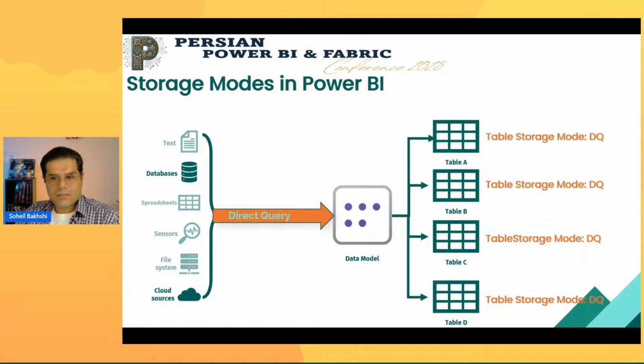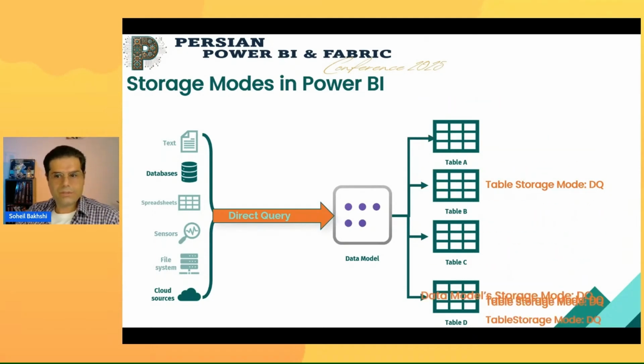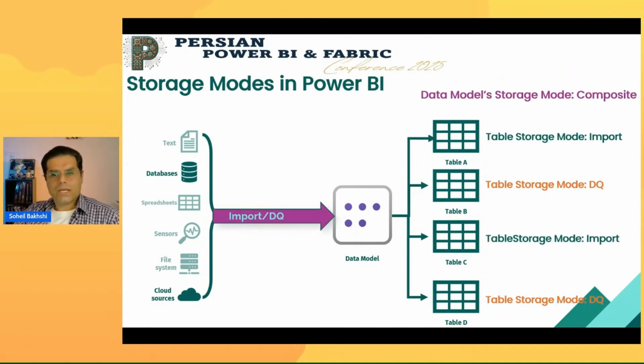In contrast, if every single one of these tables is in DirectQuery mode and is just sending queries concurrently to the source system, grabbing the results and bringing them into the data model, then the entire data model is in DirectQuery mode.